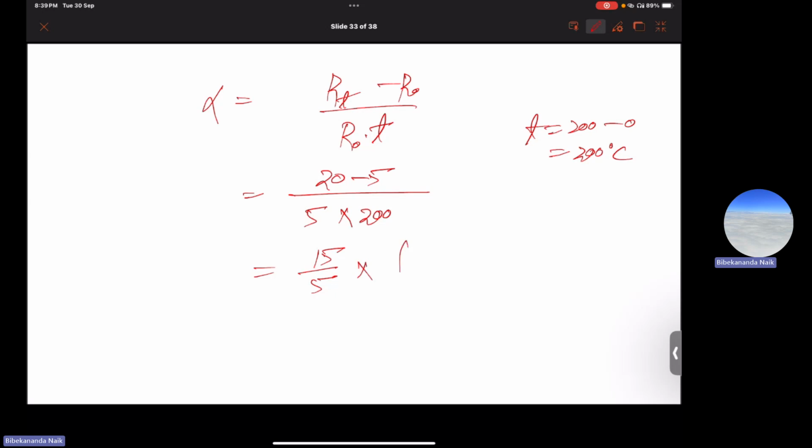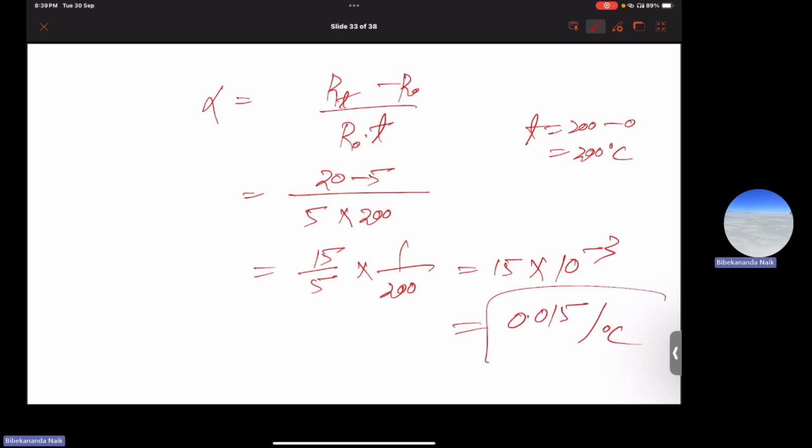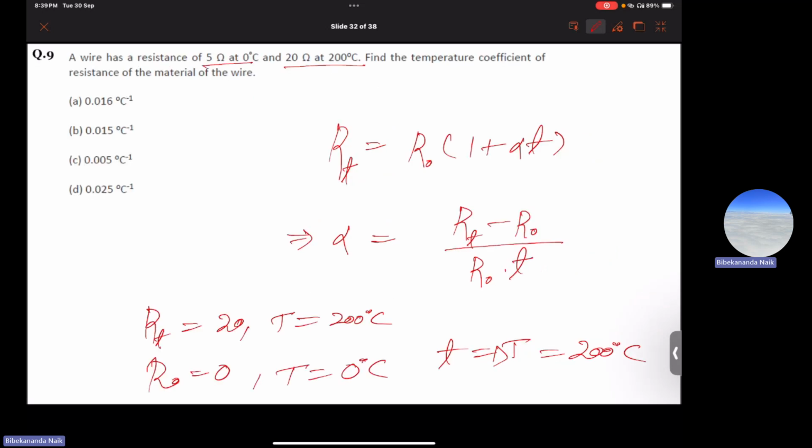So 15 by 5 into 1 by 200, so 15 into 10 to the power minus 3, that is 0.015 per degree centigrade. So the correct option is option B, 0.015 per degree centigrade.